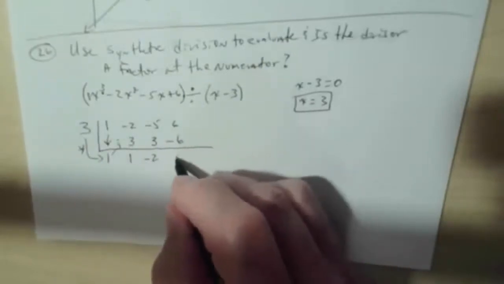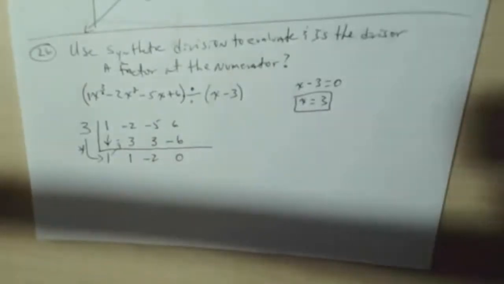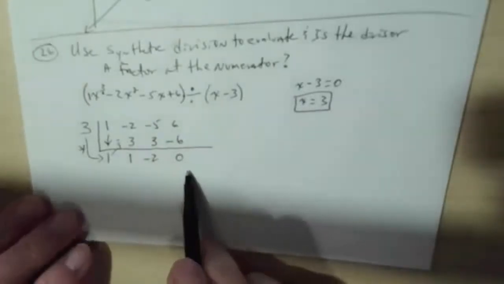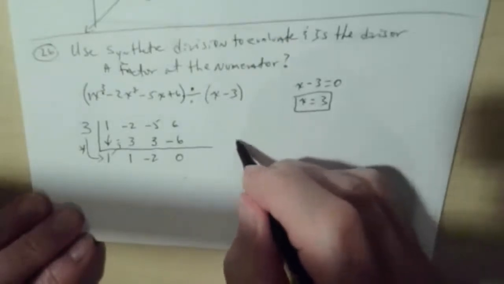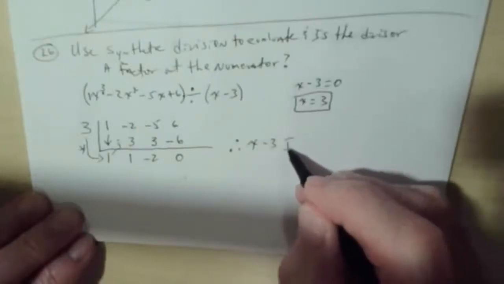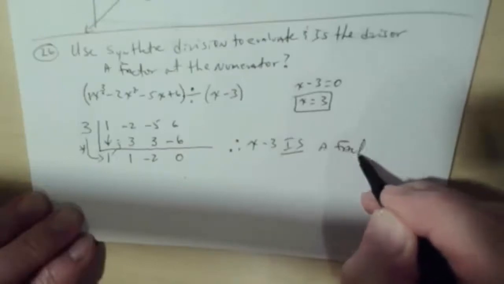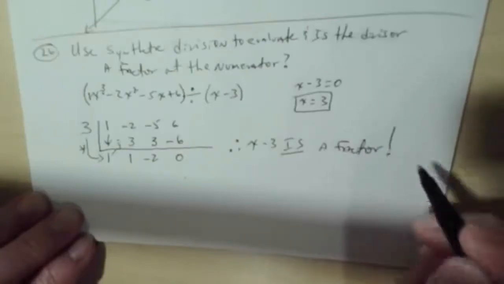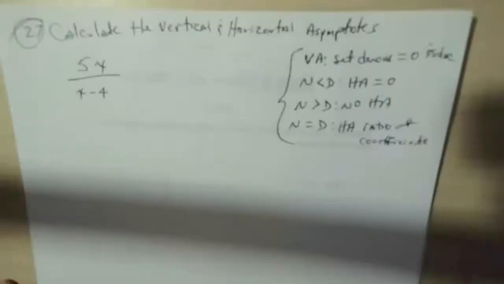So we have a remainder of 0. If there's no remainder, and there is not one here, then yes. So therefore, x minus 3 is a factor. Right?